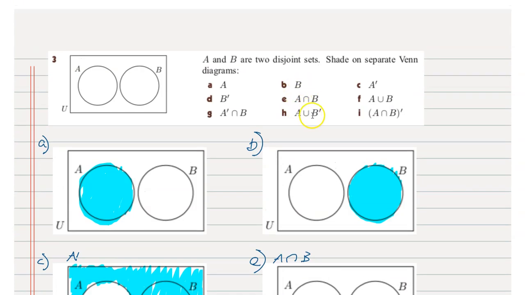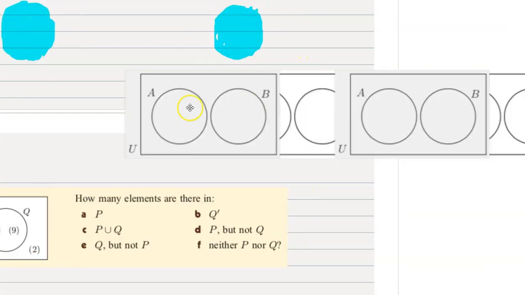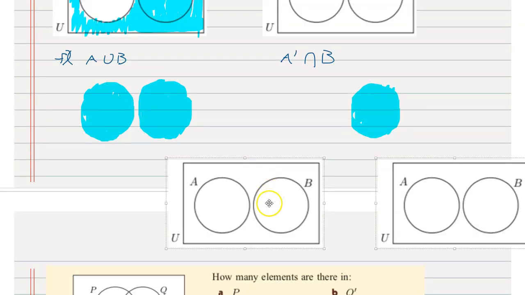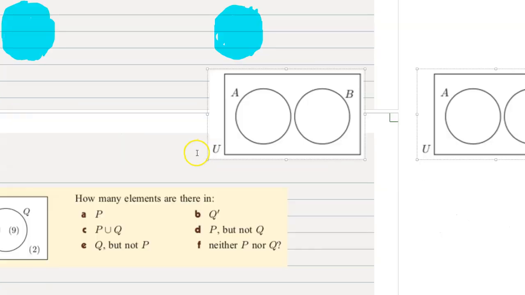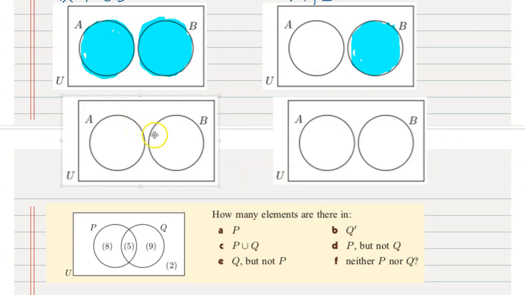Now going down, we've got a similar case for H here. Rather than the complement of A, it's going to be the union of A and the complement of B. So I'll grab these two diagrams and paste them down here.